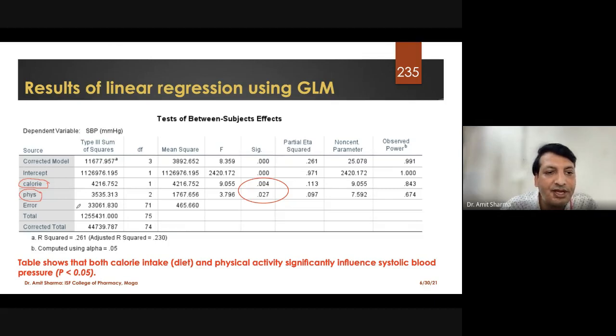So these are the two variables we have to identify. The corrected model we are not going to refer to, and the intercept we are not going to refer to. We have to see these two rows where our variables are located. Under these rows, we have to identify the significant value, that is, what value we have got.